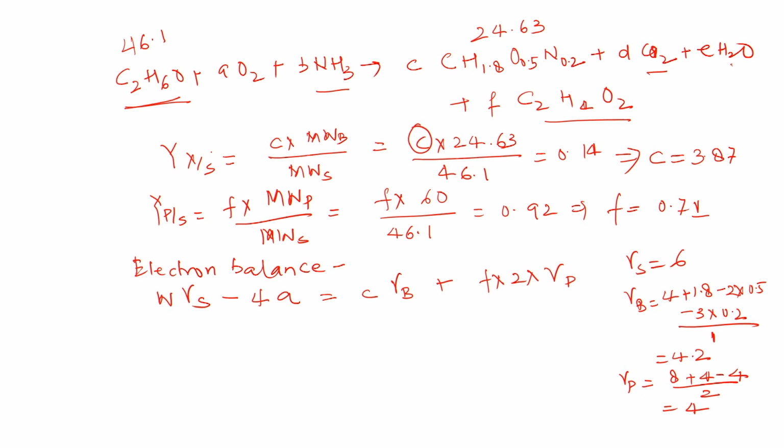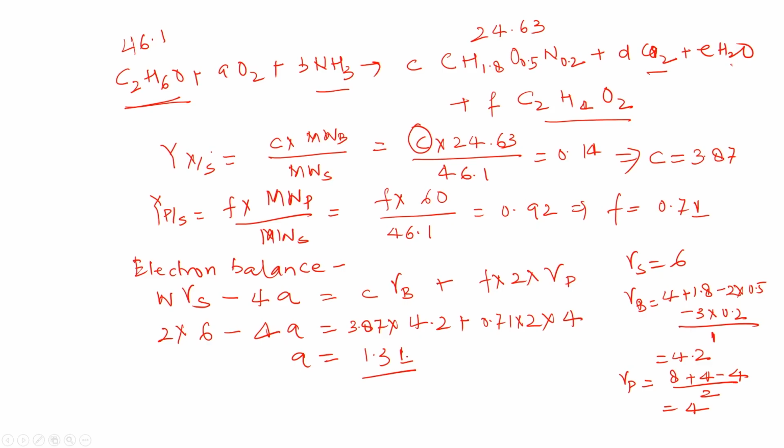Now, if I apply here, 2 into gamma S, 6, minus 4A equals C, which we have already found to be 3.87, into gamma B, 4.2, plus F, 0.71, into 2 into gamma P, 4. So, this gives rise to A equals 1.31.